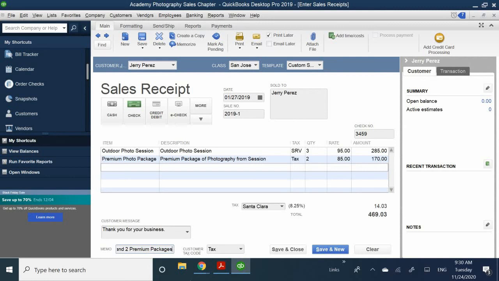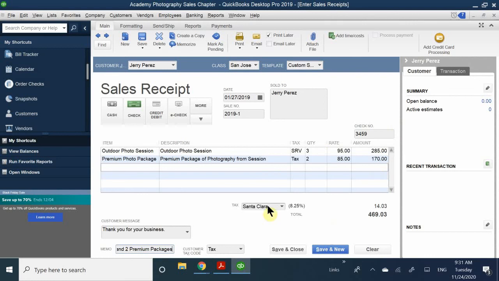Reason being is because if you do send customer statements, okay, this is what's going to appear on their statement, okay? And we'll take a look at that tomorrow. Okay? We have tax, and then that's pretty much it. And that's what it looks like to fill out a sales form.